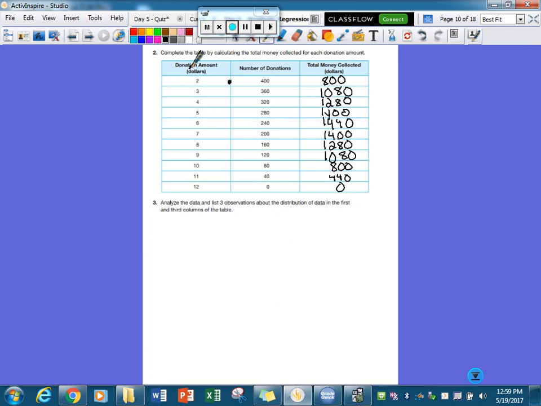Now, here's where we're going to compare. Imagine that this is our x and this is our y. And what do we see? Well, we see that this is increasing and then decreasing.